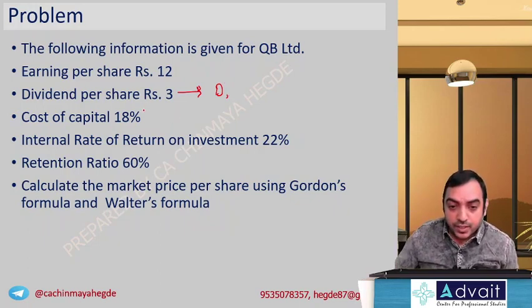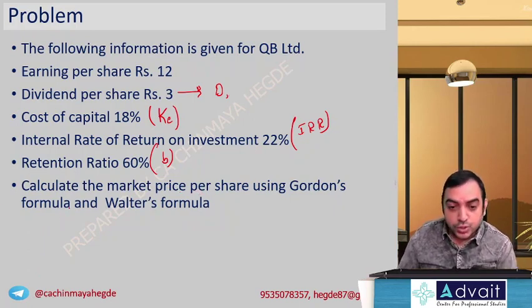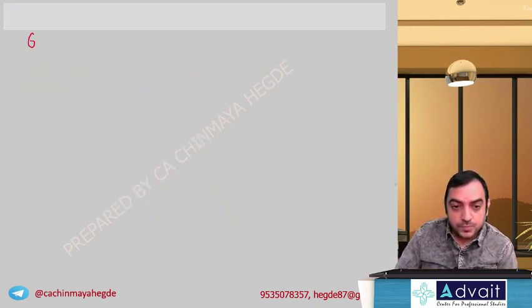The cost of capital is KE, return on investment, internal rate of return, IRR, retention ratio, B. And if you're using Gordon's formula, let's use it first.